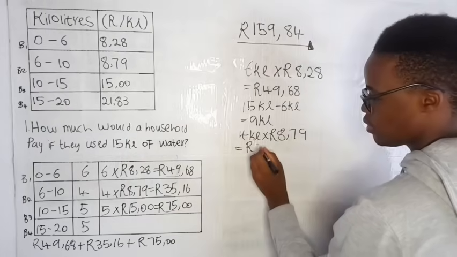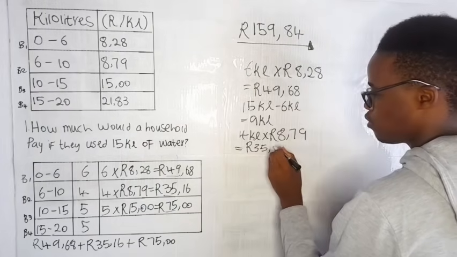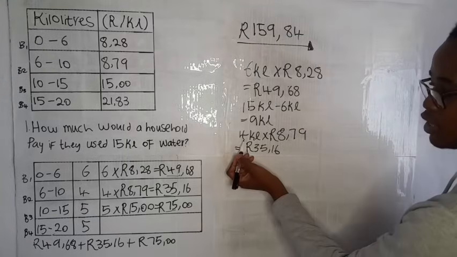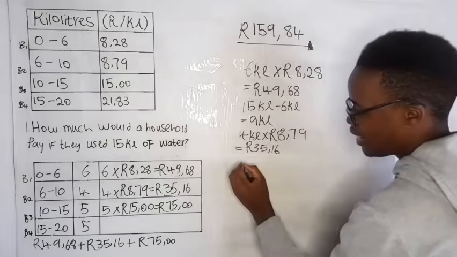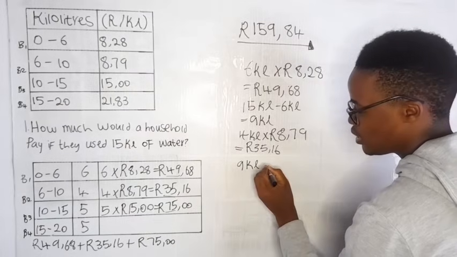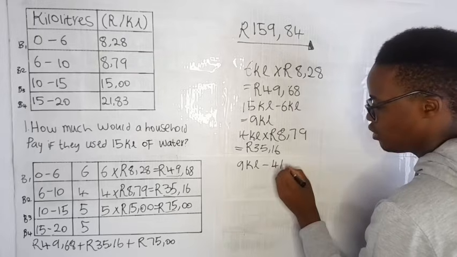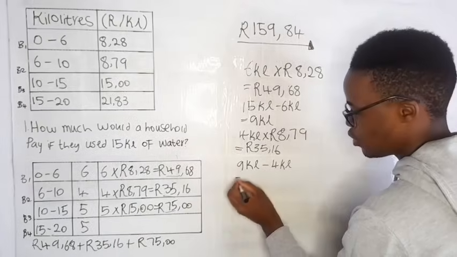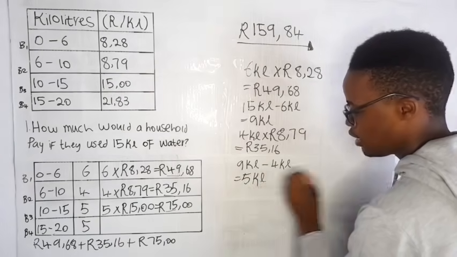The answer is 35.16. Because you calculated the 4 kiloliters, you say 9 kiloliters that you were left with minus 4 kiloliters which you just calculated the price for, and then you are left with 5 kiloliters.